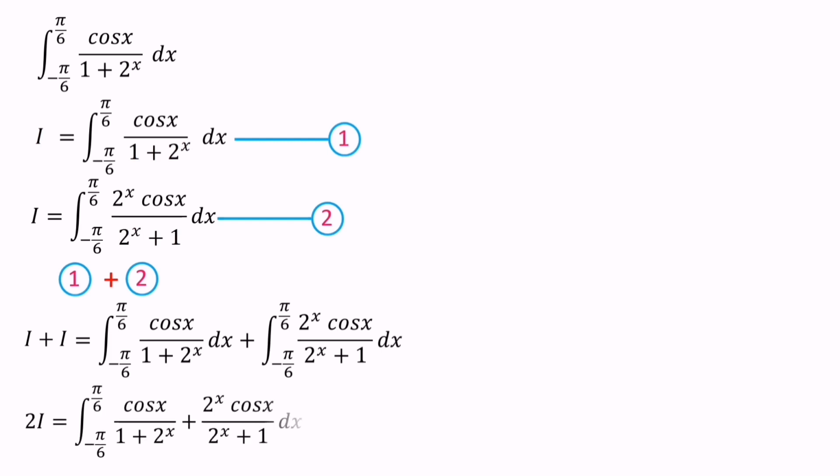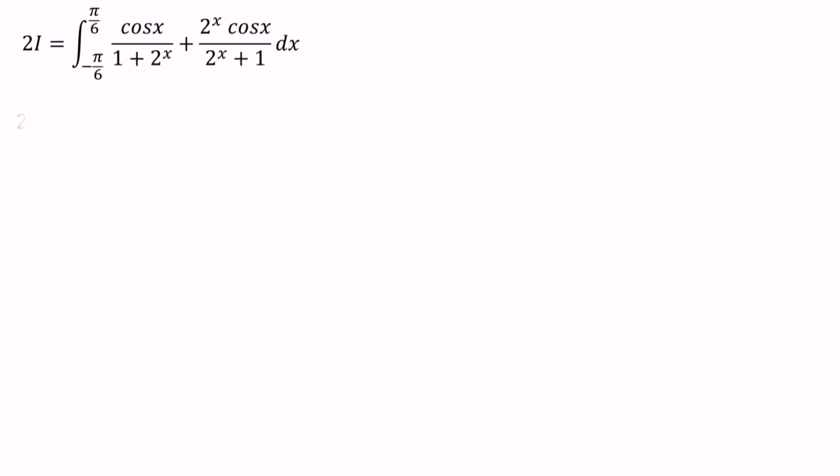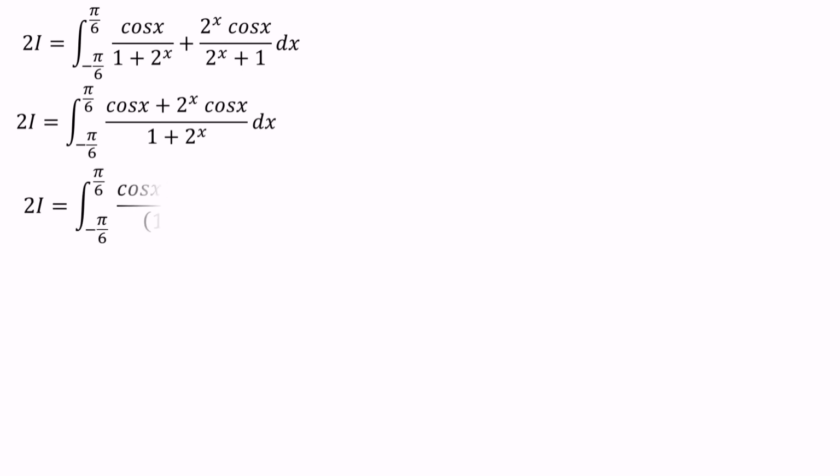After that we can get the common denominator as 1 plus 2 to the power of x. In the numerator we can take cos x as a common factor, then within brackets 1 plus 2 to the power of x. We can cancel out the numerator value 1 plus 2 to the power of x against the denominator value 1 plus 2 to the power of x.